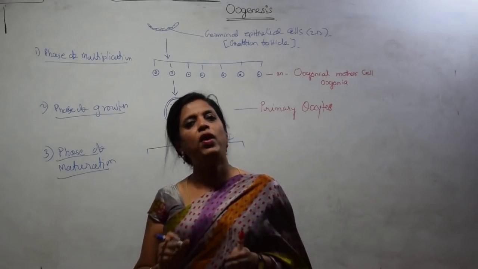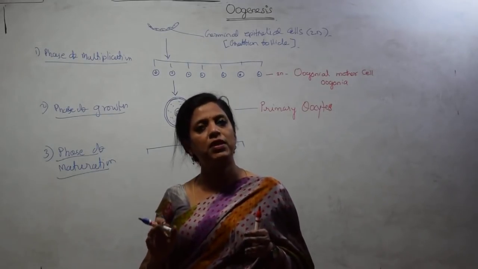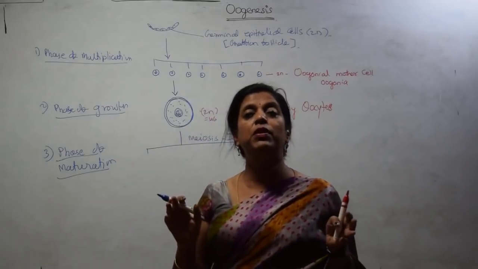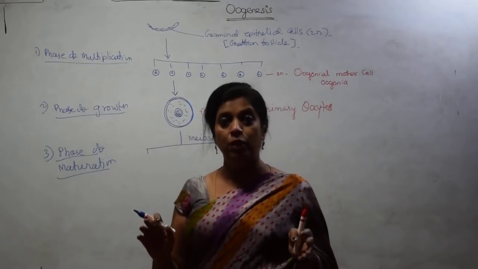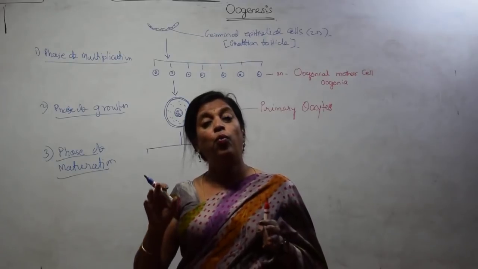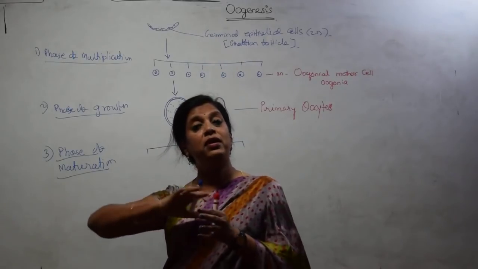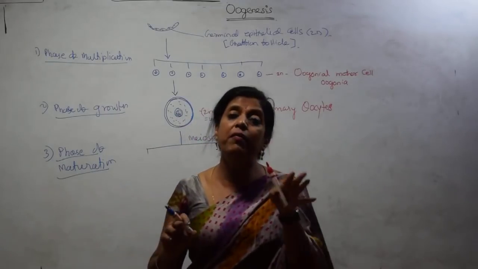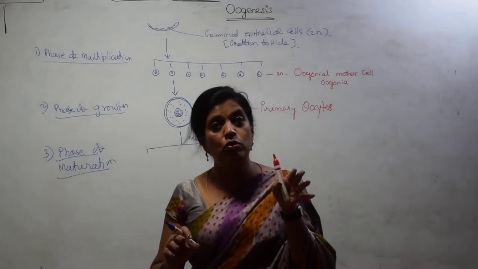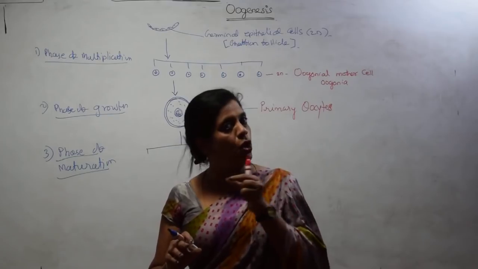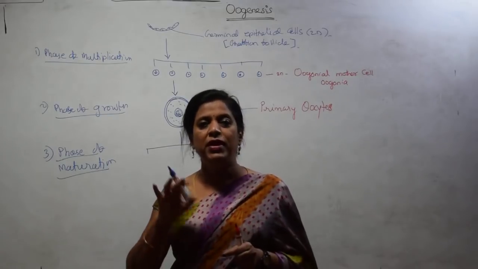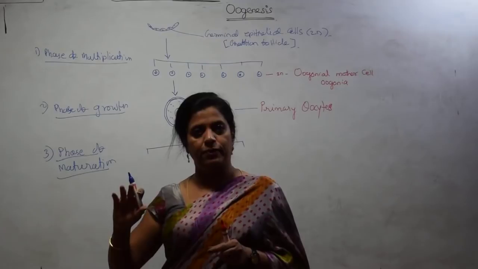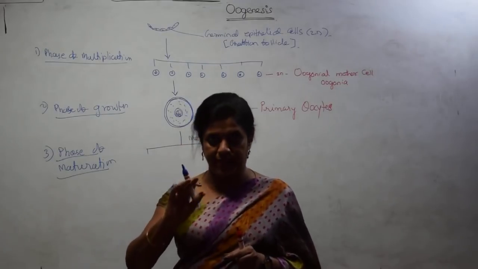But during cytokinesis, meaning division of the cytoplasm, the division becomes unequal. Why? Because one of the cells will take the complete nutrients and cytoplasm. The other one will have only the haploid chromosome number, but very little or no cytoplasm. Why? Because one will survive better, the other is going to disintegrate.